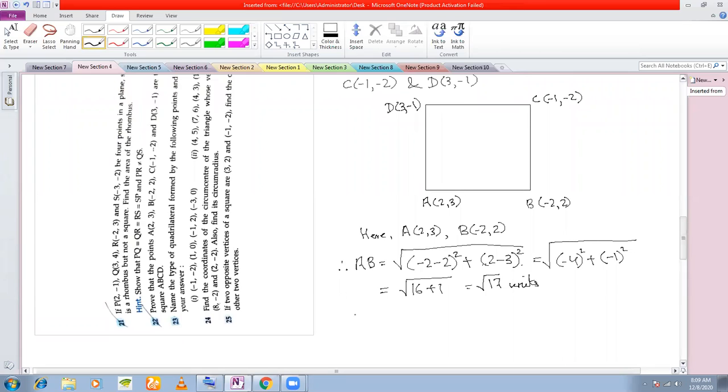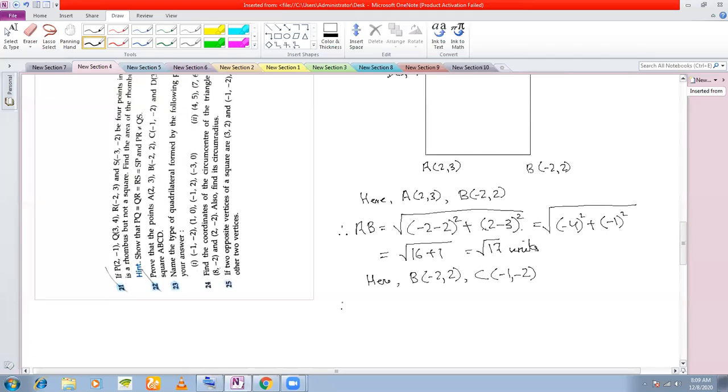Okay. And the next one is the distance BC. Let's write down the coordinates. Now we calculate BC. I'm doing this directly.